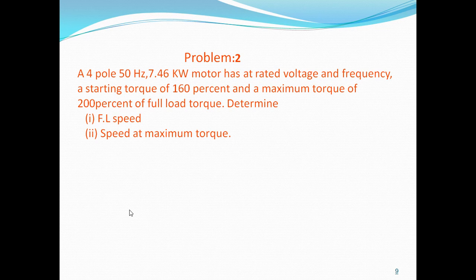So in this problem, he has given number of poles P is equal to 4 and F is equal to 50, and the rating of the motor, that is 7.46 kilowatts, at rated voltage and frequency, and its starting torque is 160 percentage and a maximum torque of 200 percentage of full load torque.